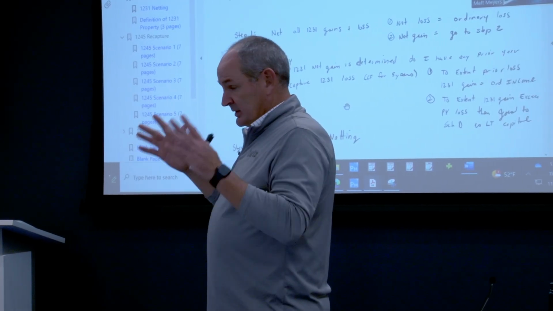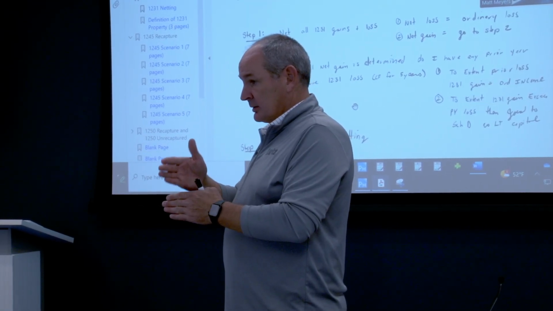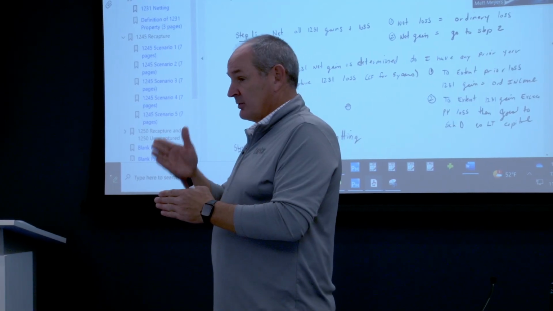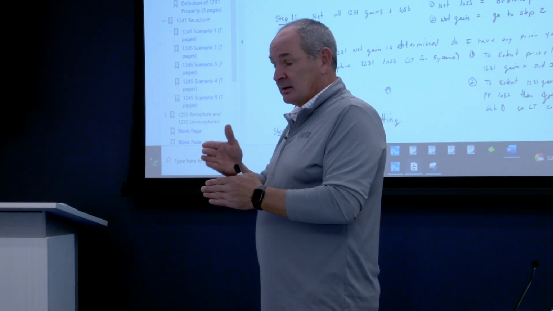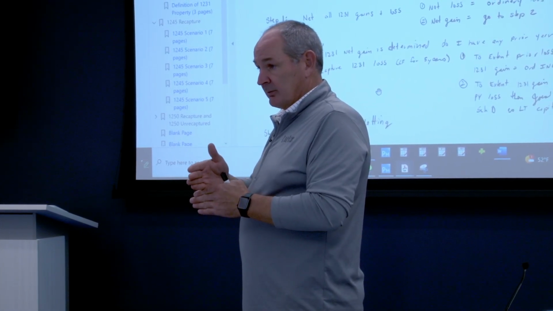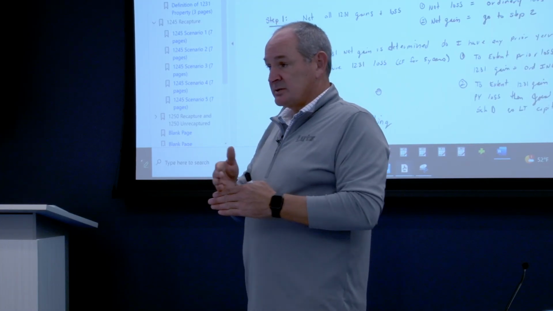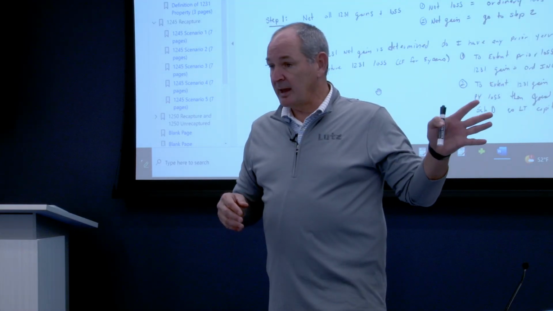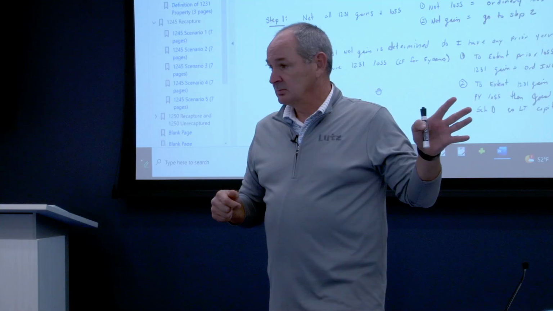But then we have to be smart enough to look back for a period of 5 years prior to this year to say, if I have a 1231 net gain in the current year, have I taken any 1231 losses in prior years that resulted in an ordinary write-off? And if the answer to that is yes, then you got to recharacterize the current year 1231 gain as ordinary to the extent you've taken losses in the past.